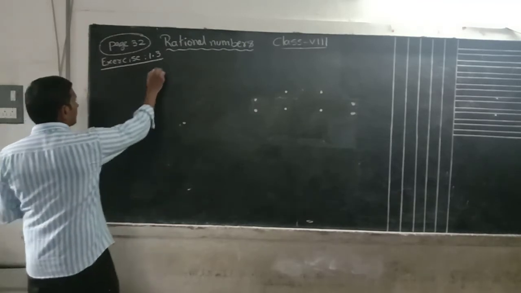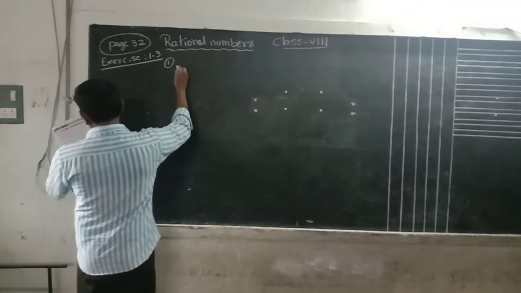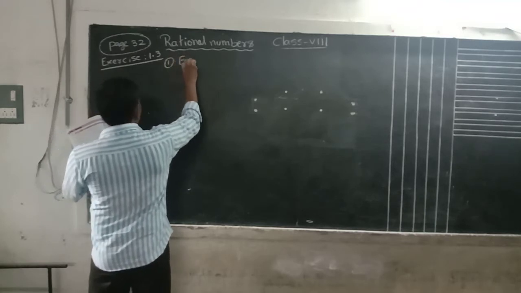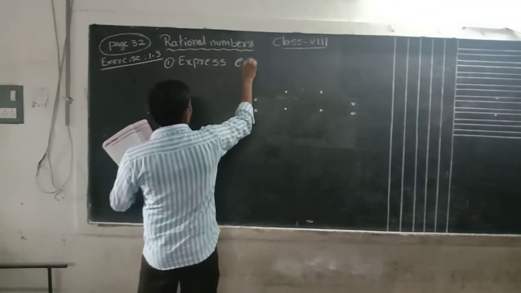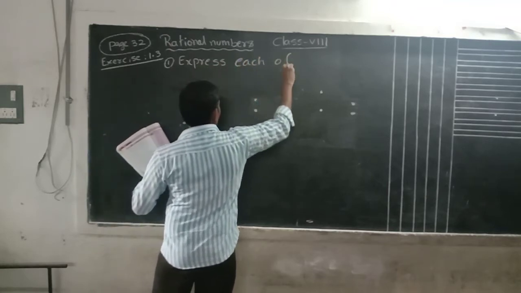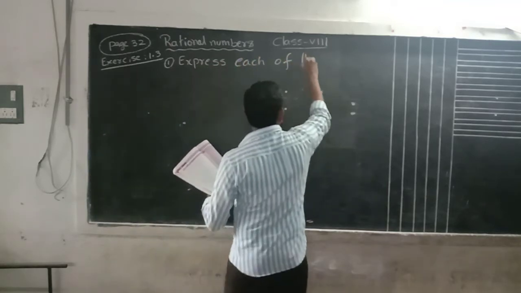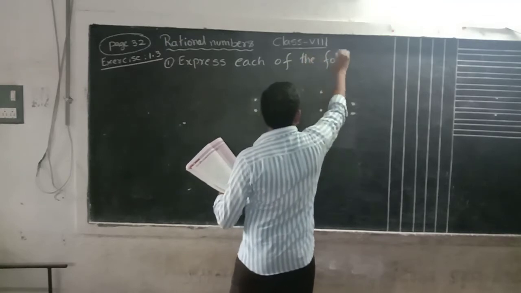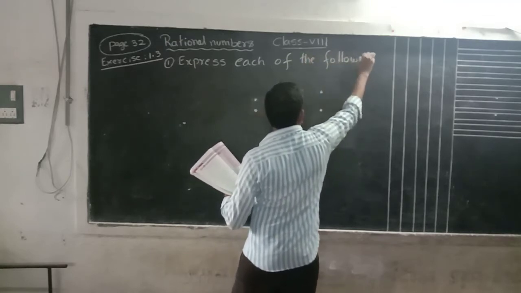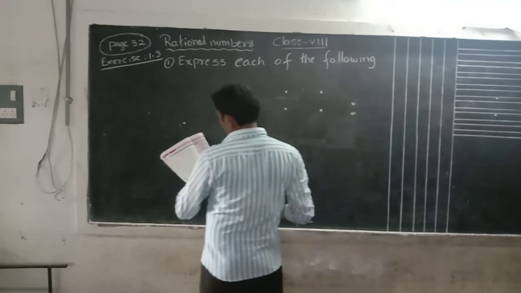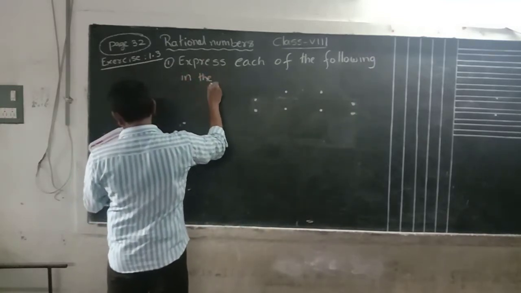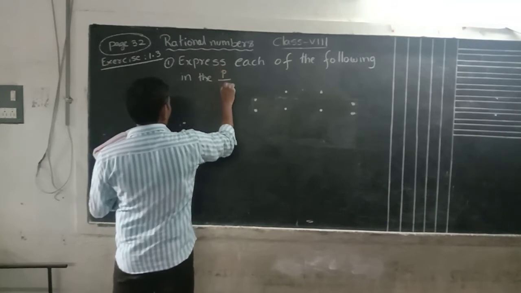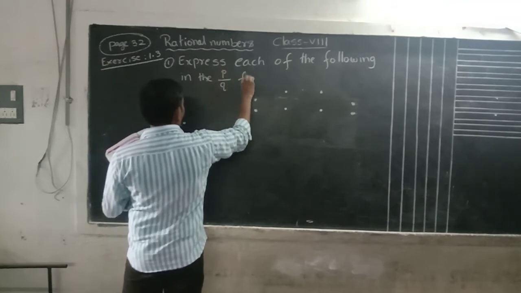In that, what is the first one? Express each of the following in the p by q form.